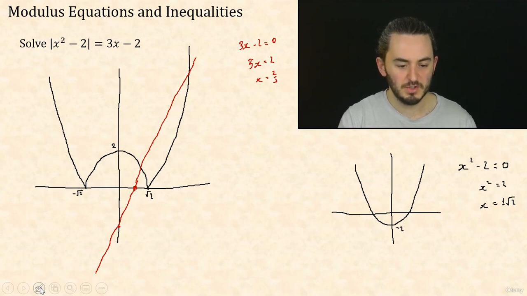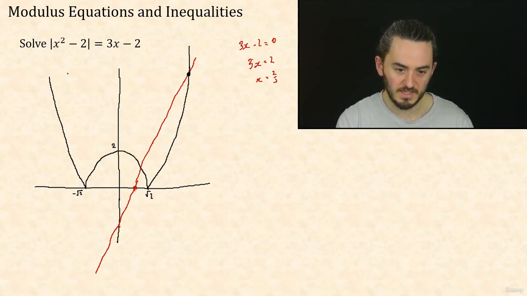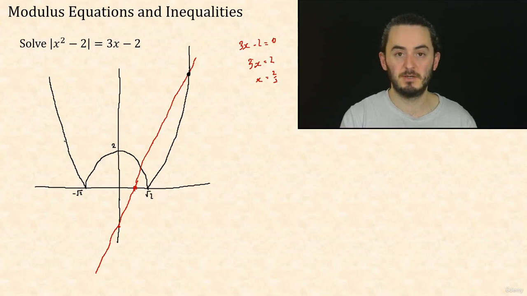All right, so I've got two solutions to find. This one here and this one here. Now I'm going to need a bit more room, so let's just get rid of this diagram here. Let's find this one first. This point here is the intersection of the positive part of the quadratic with the red line. This section here and this section over here were the parts that didn't need modding because they're already positive.